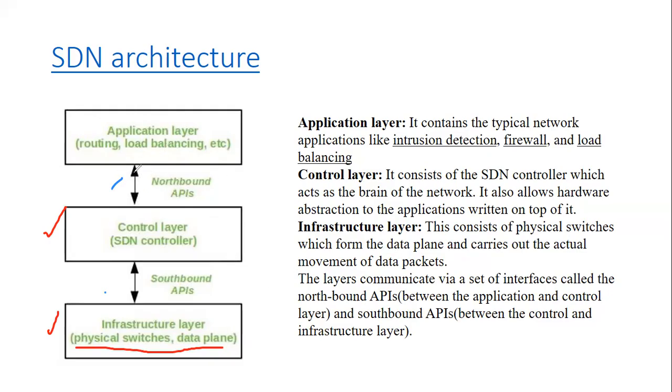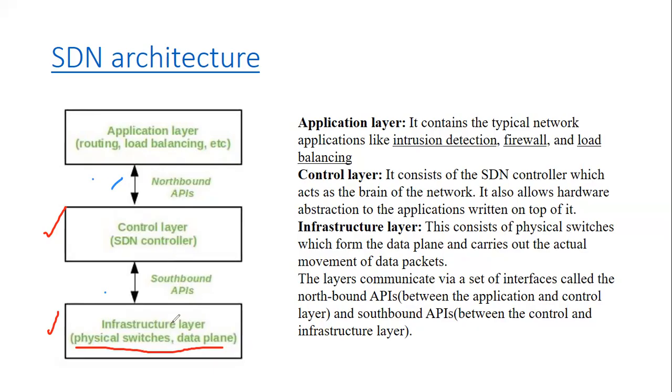What does it mean? Here you can see this bidirectional arrow. What does it indicate? There is a communication between the application layer and the control layer with the help of the northbound API. This is the interface between these two.